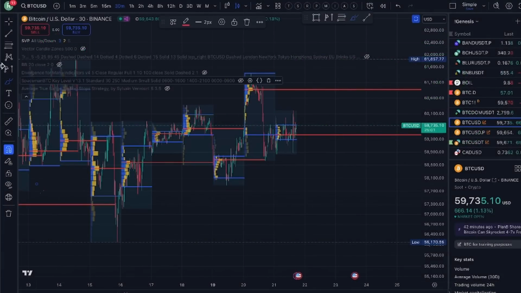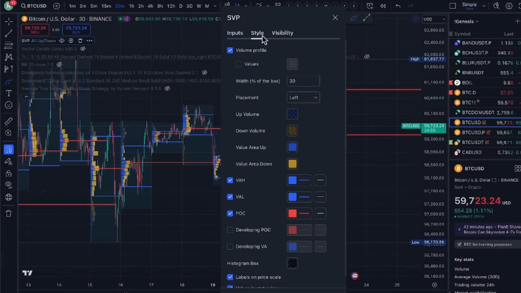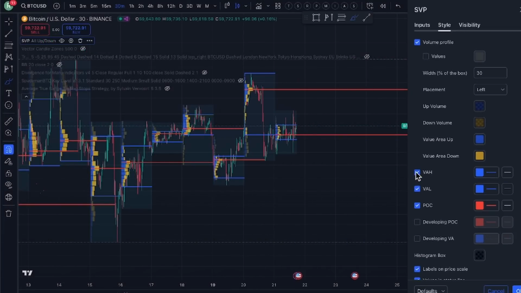So you remember that we have added SVP, and here in the style, you can also manually select value area high and value area low. For those who for certain reason missed my previous video, even though I would really recommend to watch it, it's less than 10 minutes about auction market theory. Just to remind, what is the value area?